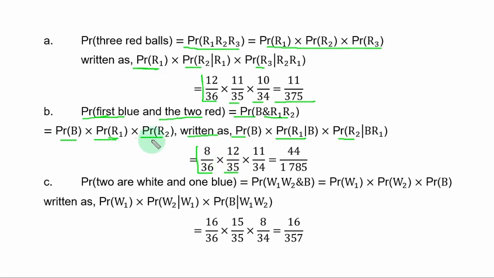The third drawing is also red. Remember, the second here is red. So at the third drawing, number of red balls are now 11 and the total becomes 34. When you simplify and multiply, you have 44 over 1785.